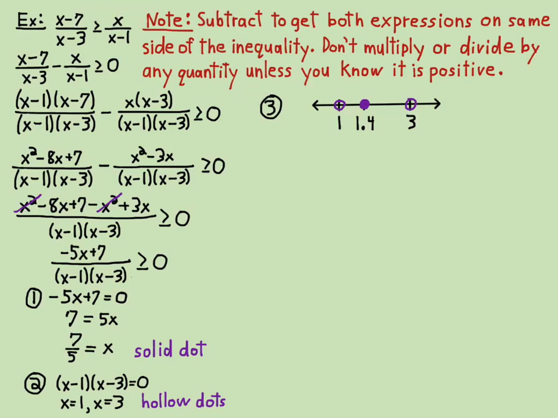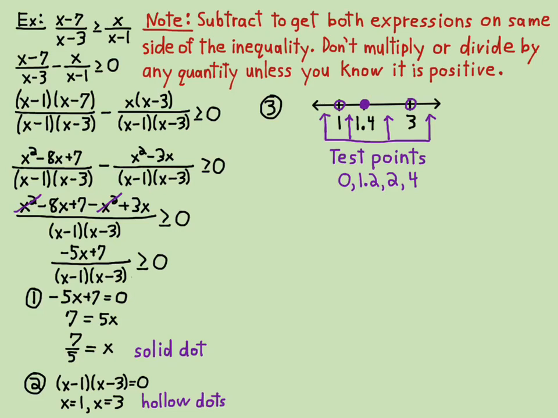And check them off if they do, and either cross them off or I write no if they don't. And then shade in the regions where it works, where the inequality holds. So I'm going to pick these points. I'll probably use 0, 1.2, 2, and 4.